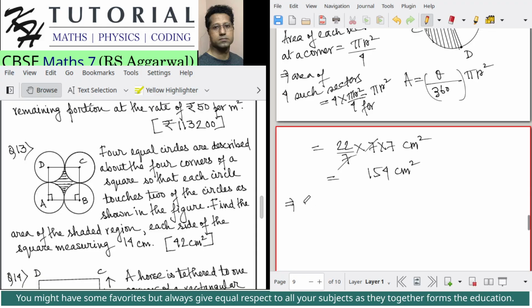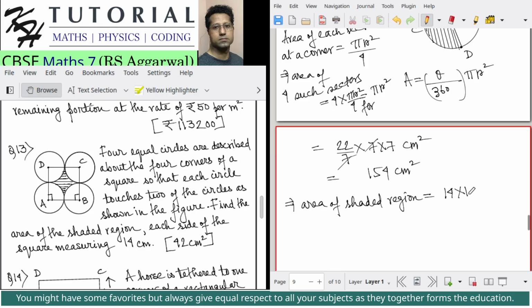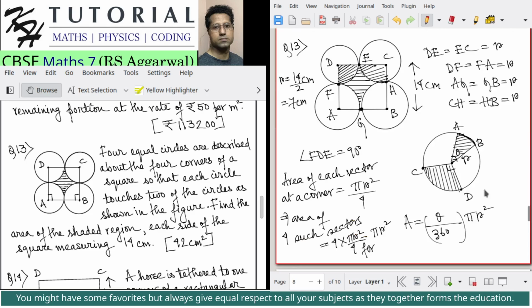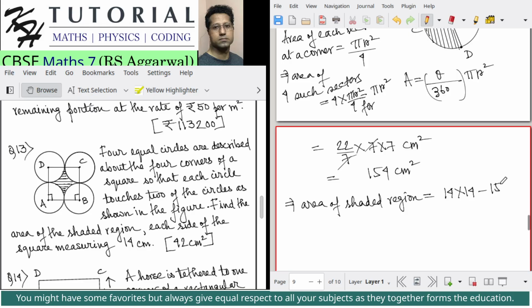The area of the shaded region will be the area of the square, which is 14 multiplied by 14, minus the area of all the four sectors at the four corners, which sum up to be the area of each circle, which is equal to 154 centimeter squared. 14 multiplied by 14 is 196. 196 minus 154 is 42 centimeter squared, which is the area of the shaded region.